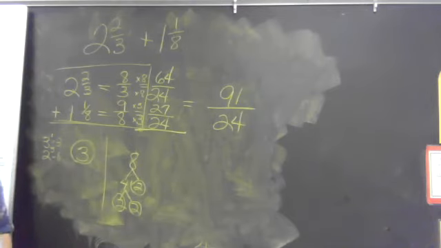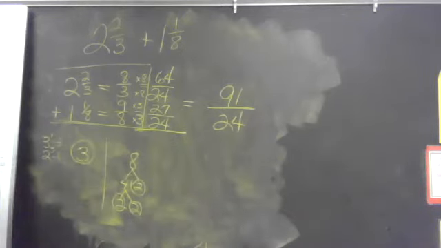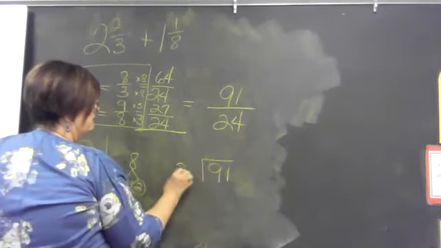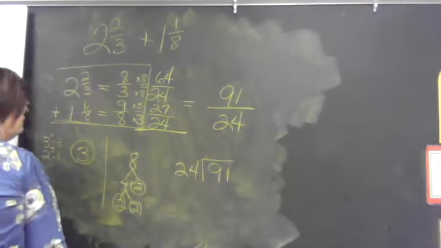Now, I want you to change it by hand, but I will tell you that there's a place on the calculator that will do it for you. If you want to see it, I think some of y'all already know, but let's do it by hand. 91 divided by 24. It's not 4, could it be 3?